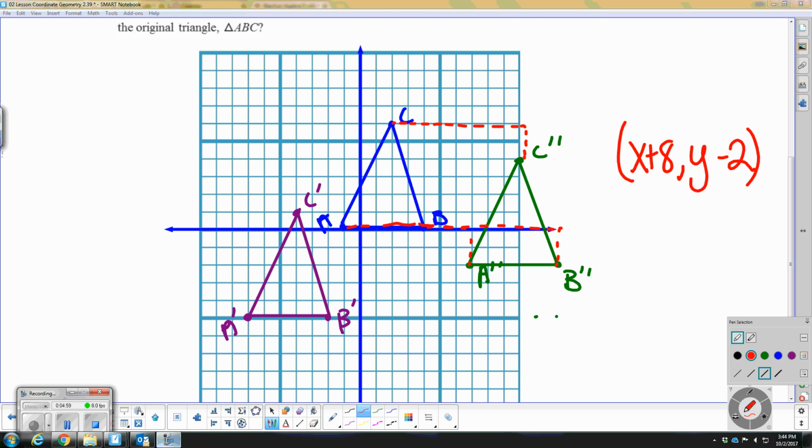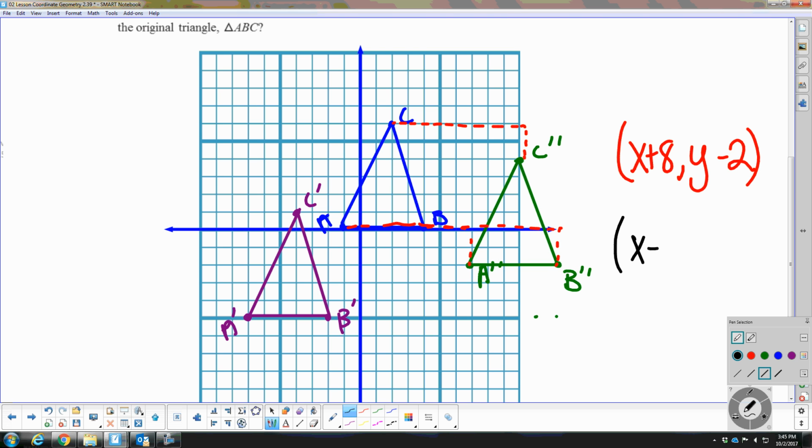So then to get this image back to its original image, so how do I get triangle A double prime B double prime C double prime back to triangle A, B, C? I would have to move x back 8 units, and I would have to move y up 2 units.